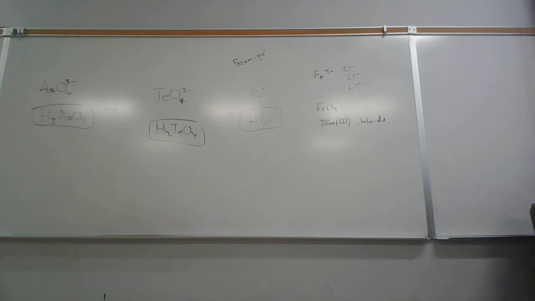And if it's -ate, then what do we do with the ending? -ic acid. So this would be called carbonic acid. Carbonate goes to carbonic acid. How about this one? Fluoride, which would go to hydrofluoric acid.